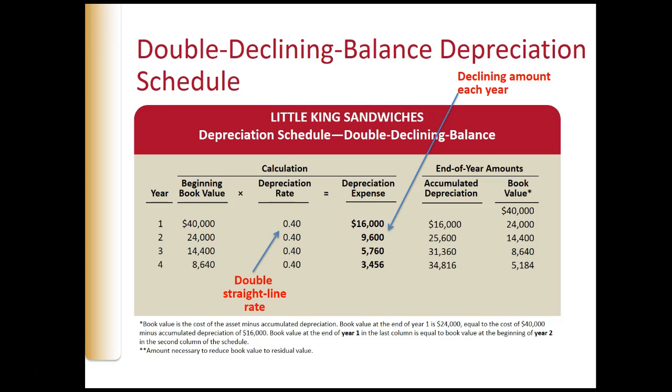Again, we use that $9,600 to reduce our book value down to $14,400. And then in year 3, we take the book value of $14,400 times 40%.